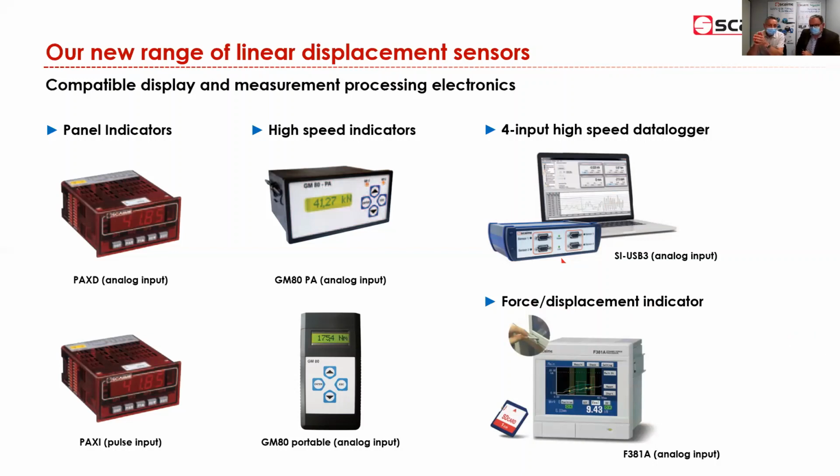In general, we see the force on the vertical axis and the displacement on the horizontal axis, and we use this pair of measurements for press applications. So we have force and displacement at the same time, and a graphic on the front panel of the indicator.